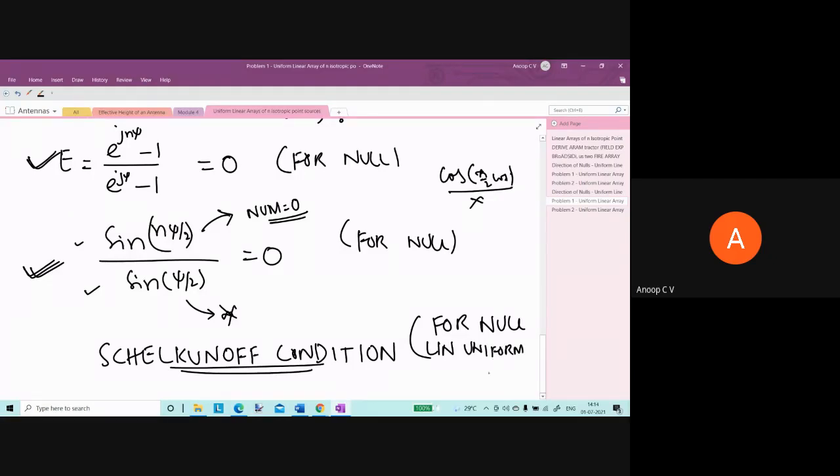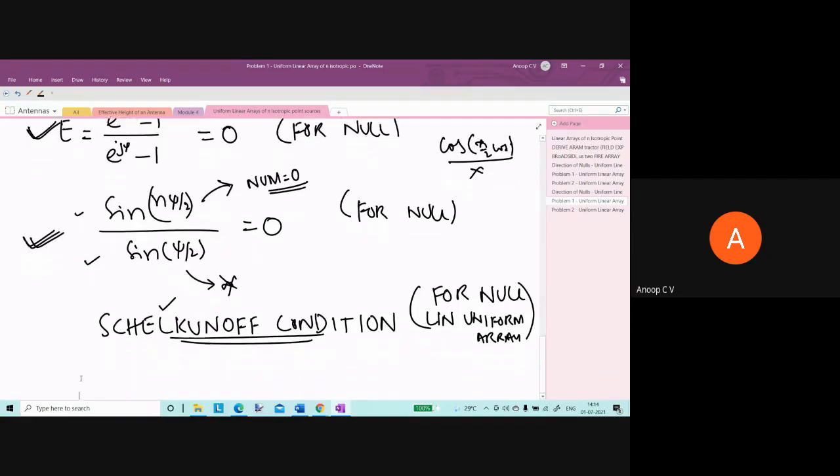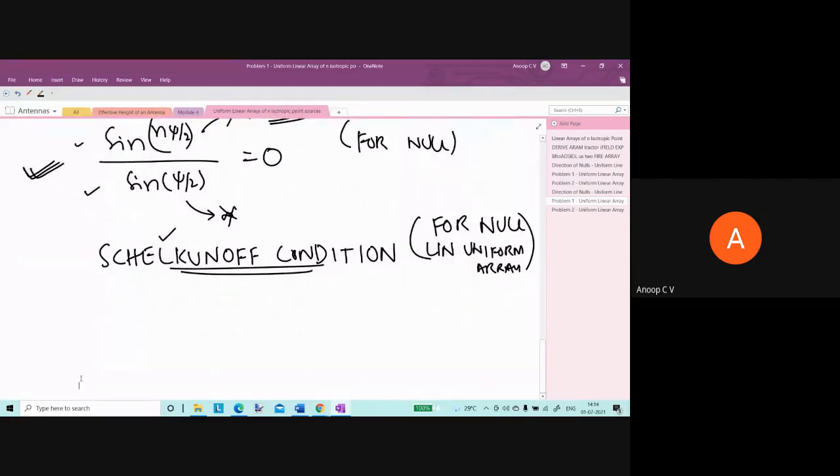Shelkunov was a Russian mathematician and electromagnetic theorist. I can't call him a scientist, right? He actually came up with this condition: what is the condition for null in an n isotropic source linear uniform array?